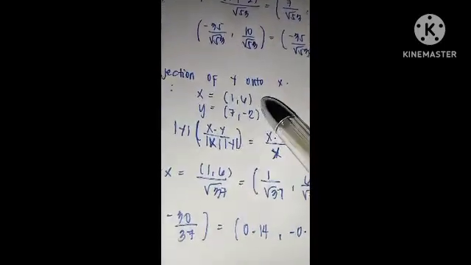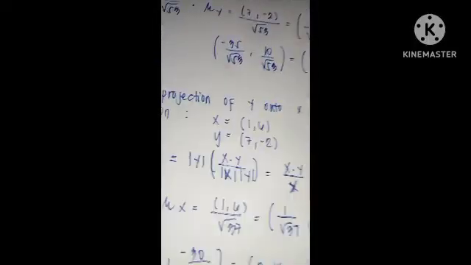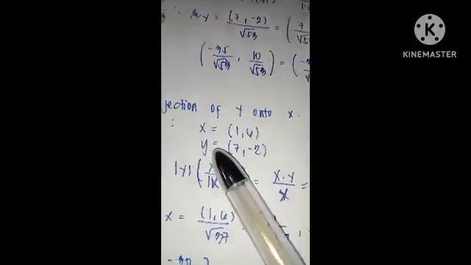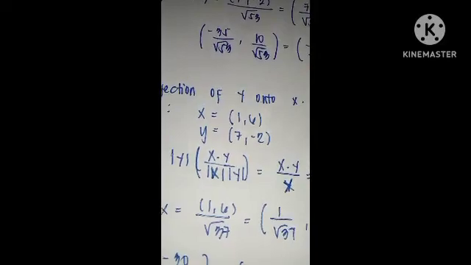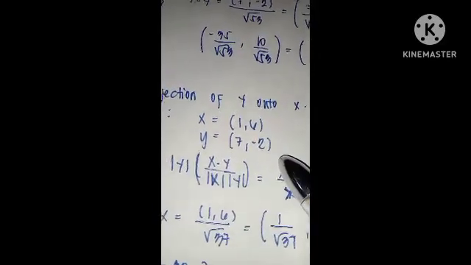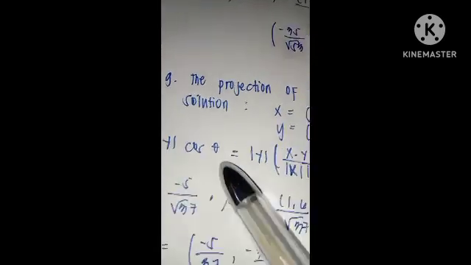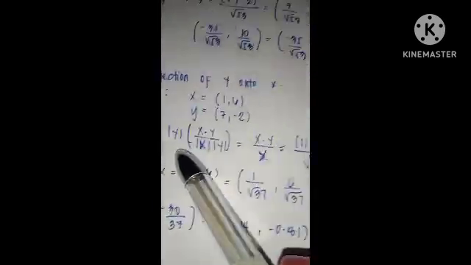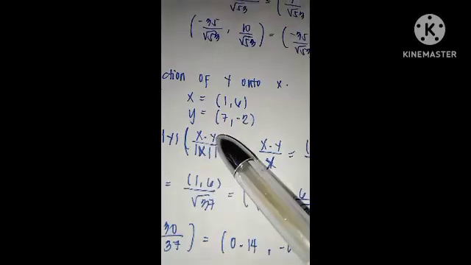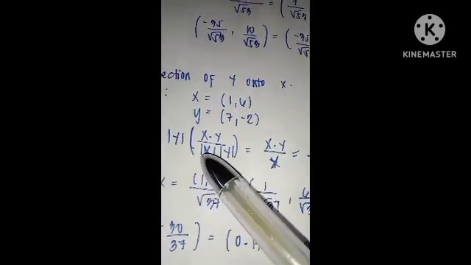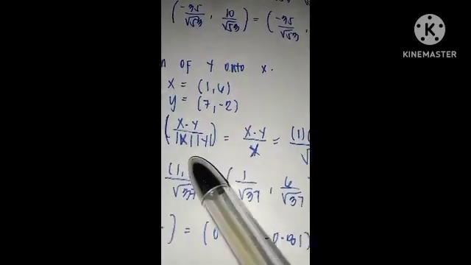Let's proceed to letter G, the projection of y onto x. So it is onto x now. Our x here is 1 and 6, our y here is 7 and negative 2. So absolute value of y cos theta equals absolute value of y times x times y over absolute value of x, absolute value of y.